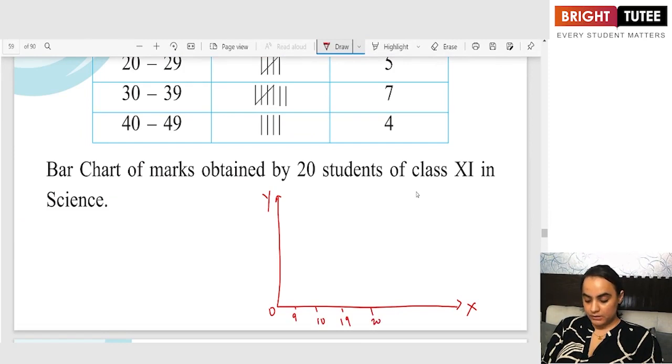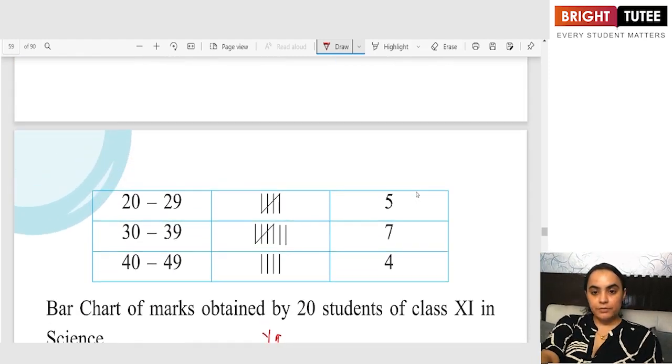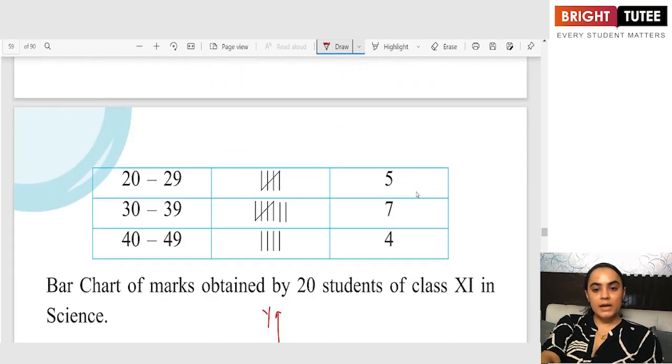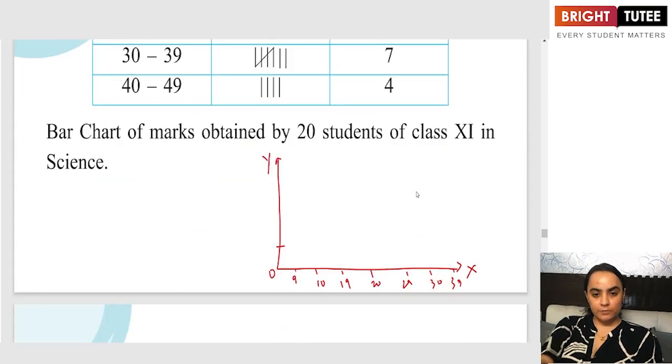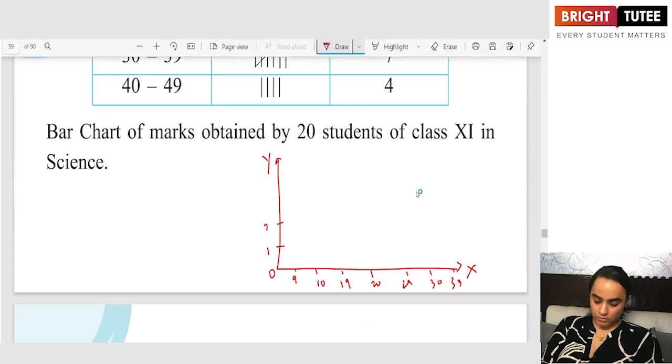Then was 20 to 29. Then was 30 to 39. My frequencies range from 1 till 7, so let me take a frequency from 1 to 7. So 1, 2, 3, 4, 5 and this can go on.